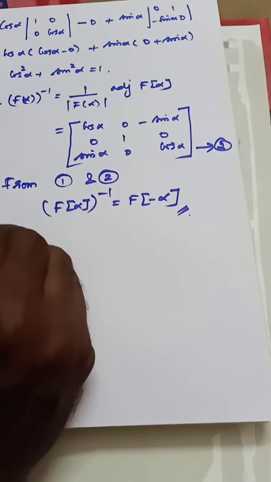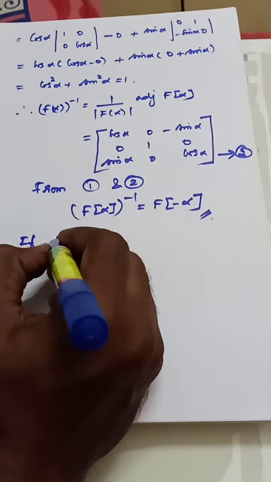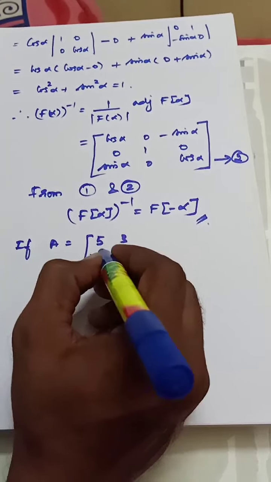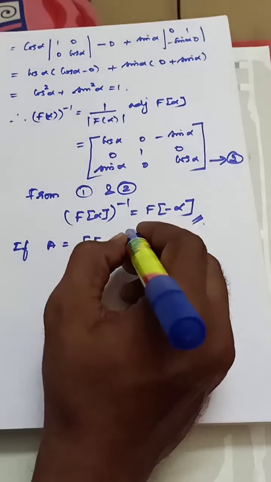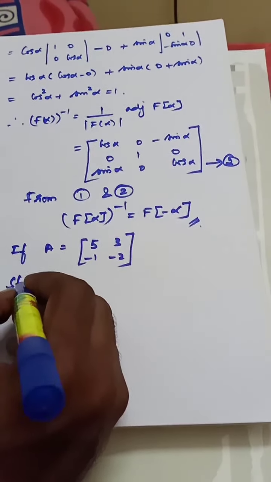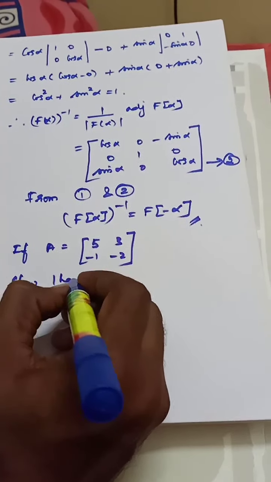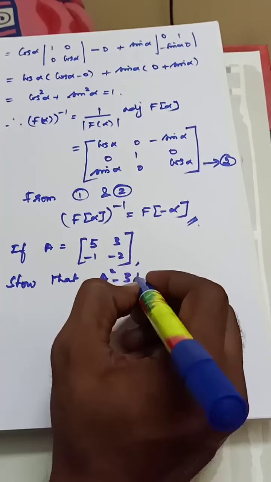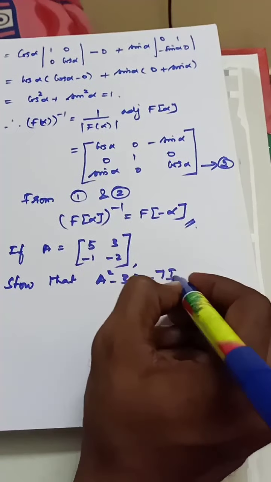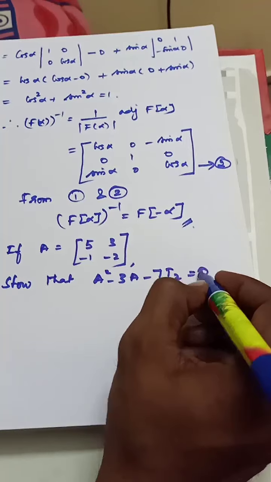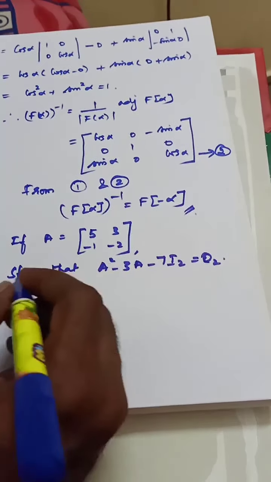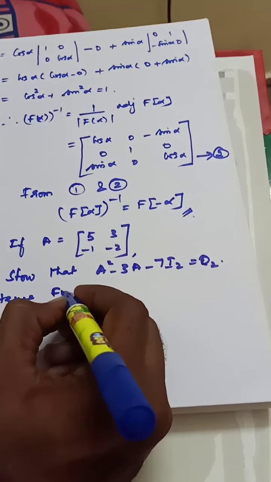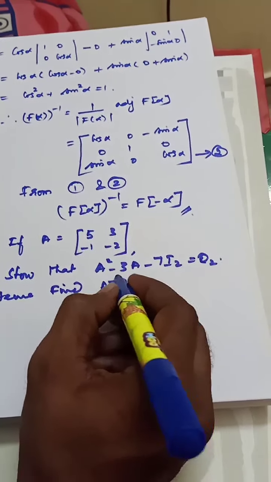And number 4, if A is 5 3 minus 1 minus 2, you have to prove that A square minus 3A minus 7I2 equals 0, hence find A inverse.